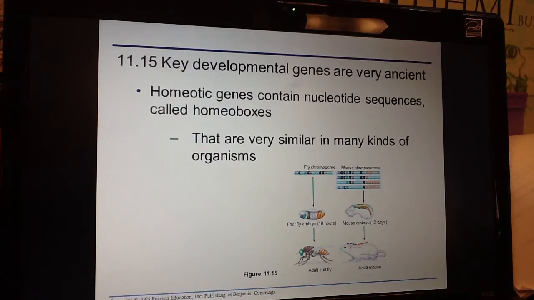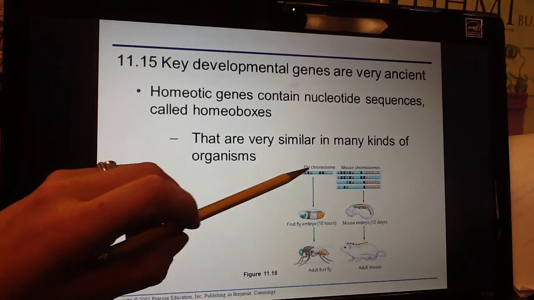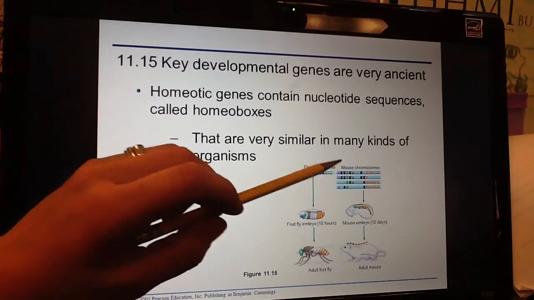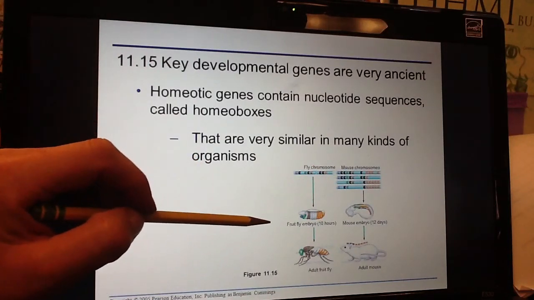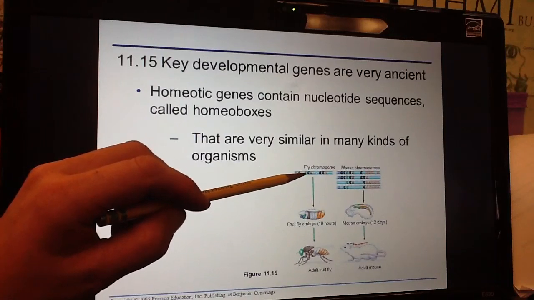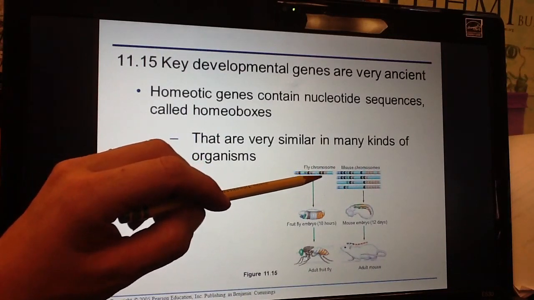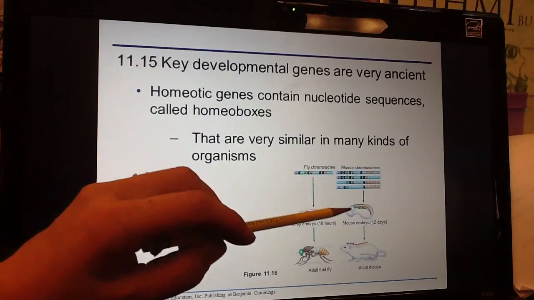These small genes are actually called homeoboxes, and what they found is that they're very similar regardless of what kind of organism you're in. So if we were to look at a fly chromosome and a mouse chromosome, granted there's huge differences, within that there's still the general idea that there's a gene that says this is the head region. There's the general idea that there's a gene that says this is your abdomen, this is your tail.